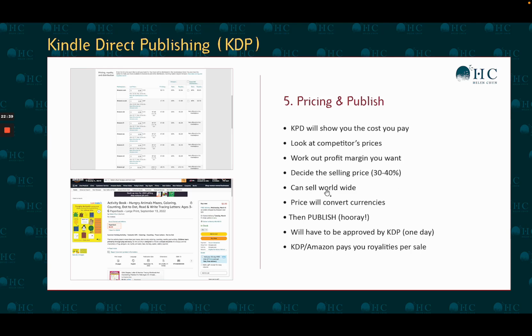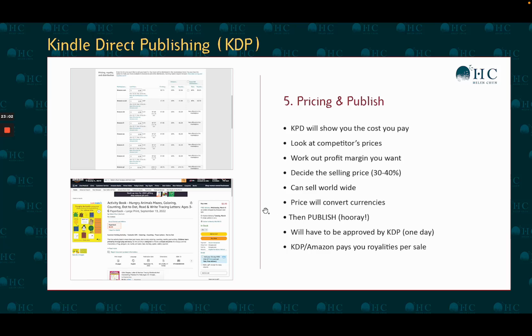And you can sell it worldwide. They'll show the conversion prices as well. You can decide to maybe price higher in, say, America, where you think they're a bit wealthier compared to somewhere in Turkey.